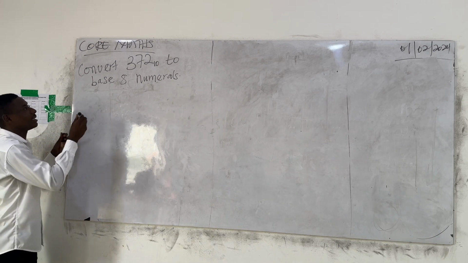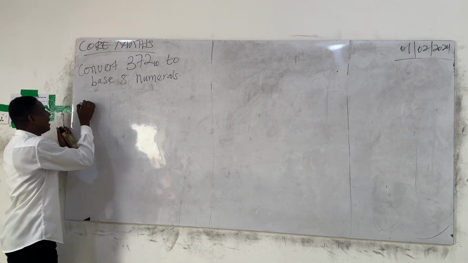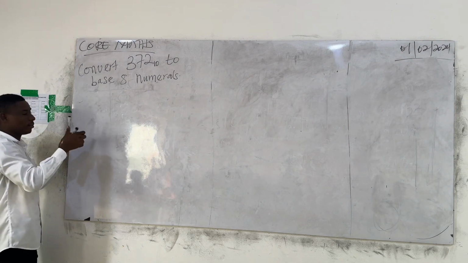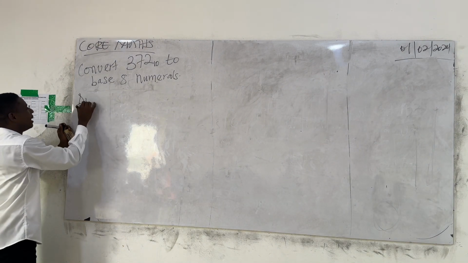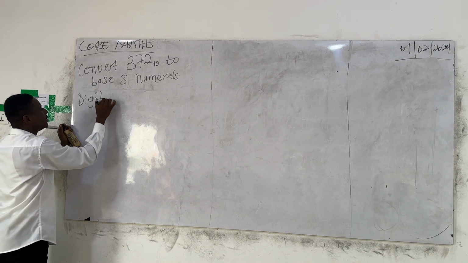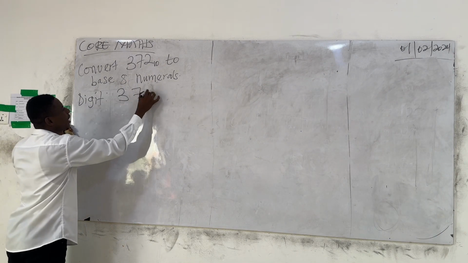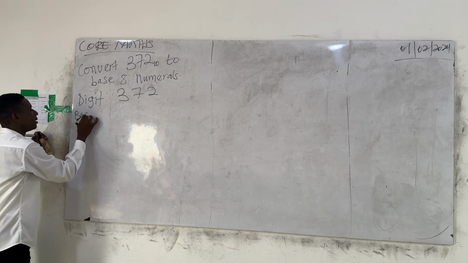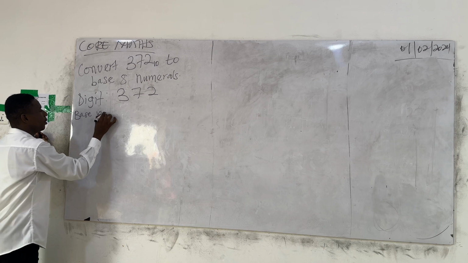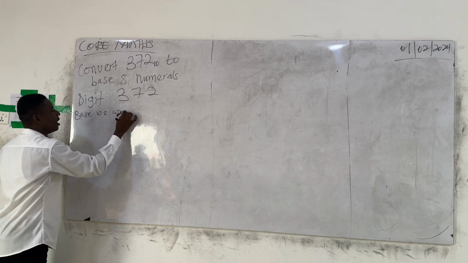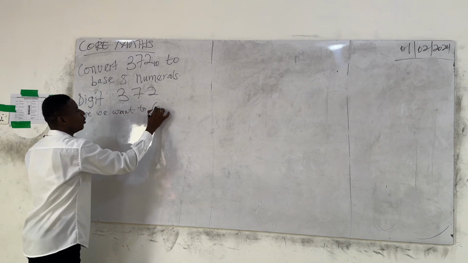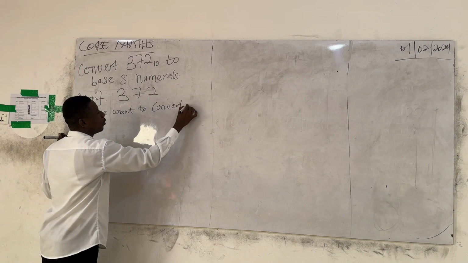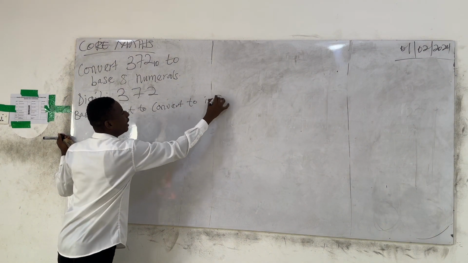You can see that now our digits here is 372. Then the base we want to convert to is 8.